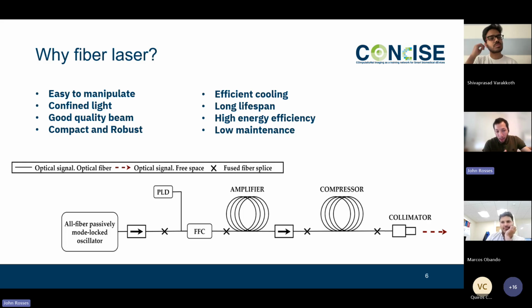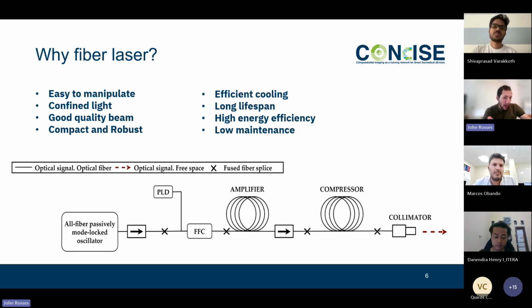It's very easy to make a compact and robust product with fiber, because all the light is confined and easy to manipulate. And because it's solid, we have a very easy way of cooling, a long lifespan, and it requires low maintenance.